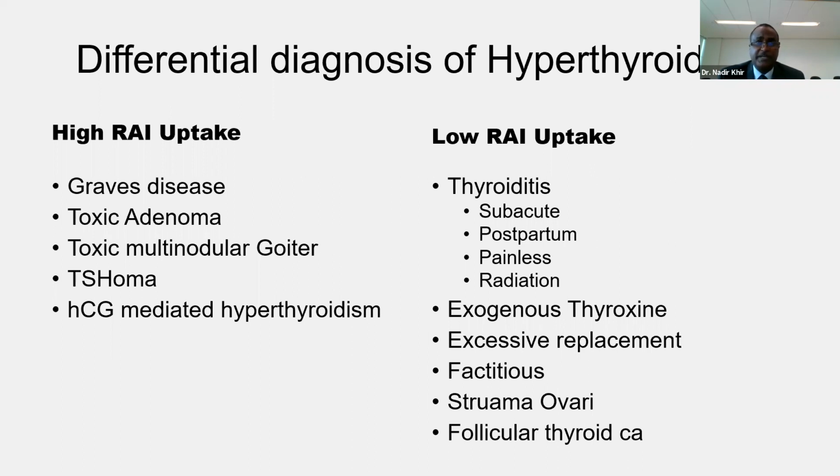Factitious means patients are taking over-the-counter medication or intentionally taking thyroid medication for weight loss or another gain, and that will show the uptake is low because, although they are hyperthyroid, the hormone is taken from outside. Struma ovarii and follicular thyroid cancer are also forms of low uptake.